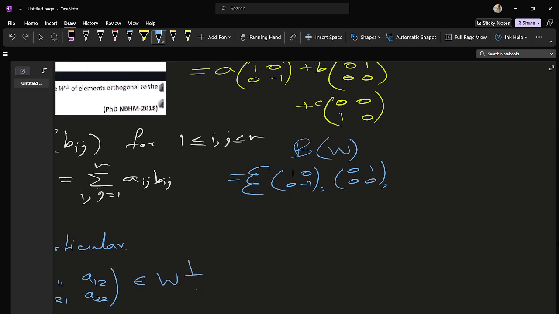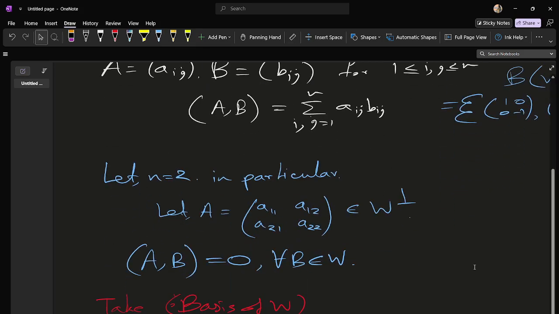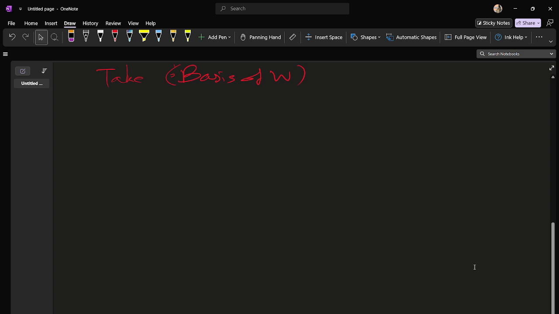Okay, so the last entry is this. In this case we have to take the basis of W, so our basis of W is this. We will take B, and I want to write it in red color.